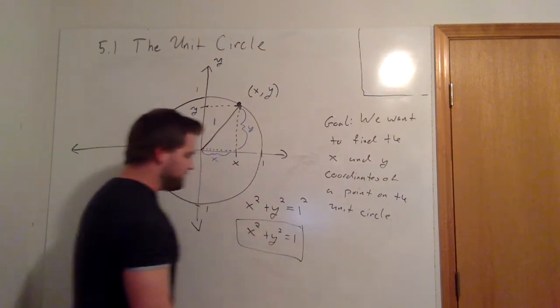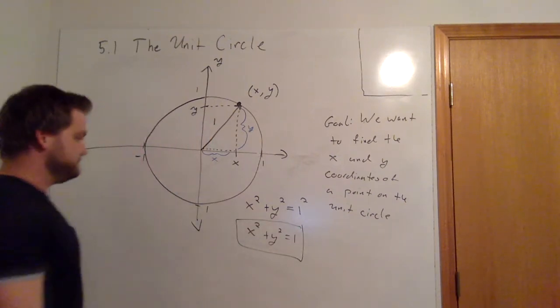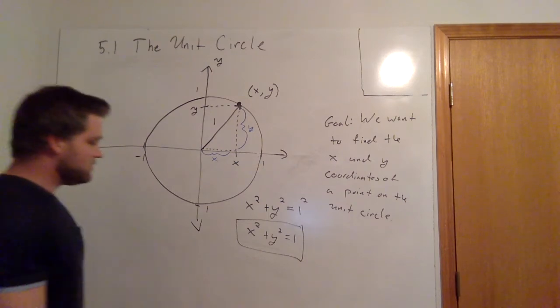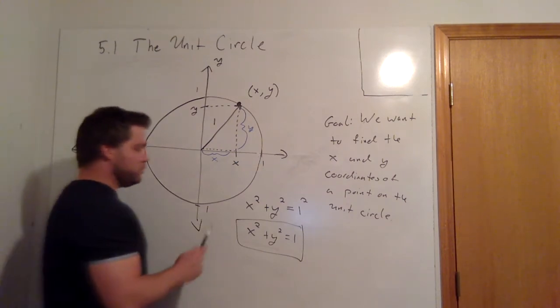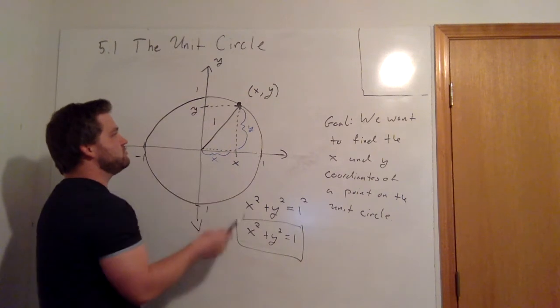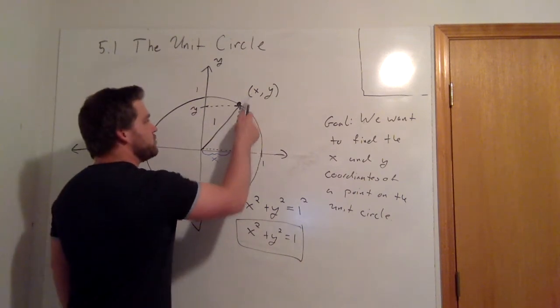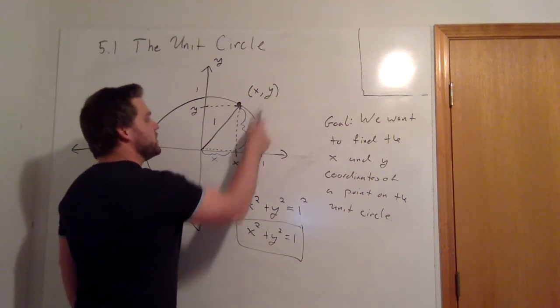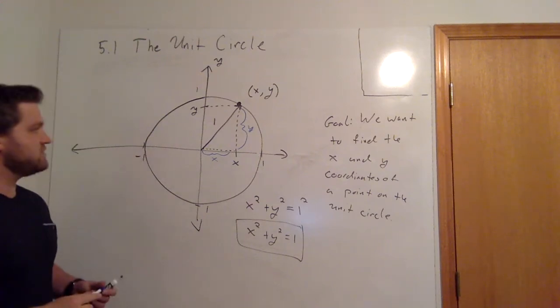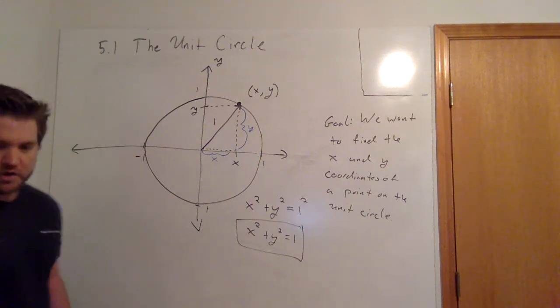This is a piece of math we need to keep in our math pocket. Whenever I'm talking about the unit circle, we'll always be thinking, what is true about a circle of radius 1? For any point on the circle, if we square the x coordinate and add the y coordinate squared, we'll always get 1. Let's do some exercises to get us used to working with the unit circle.